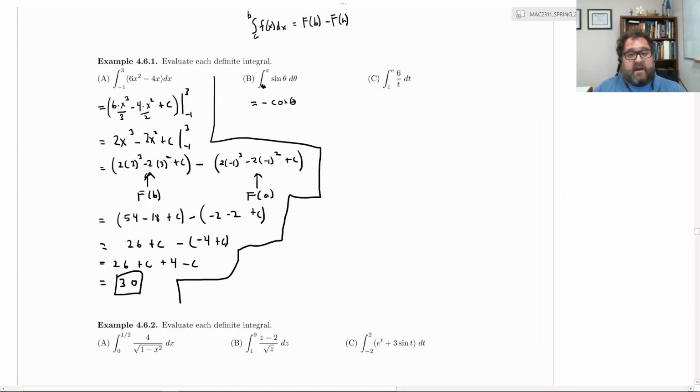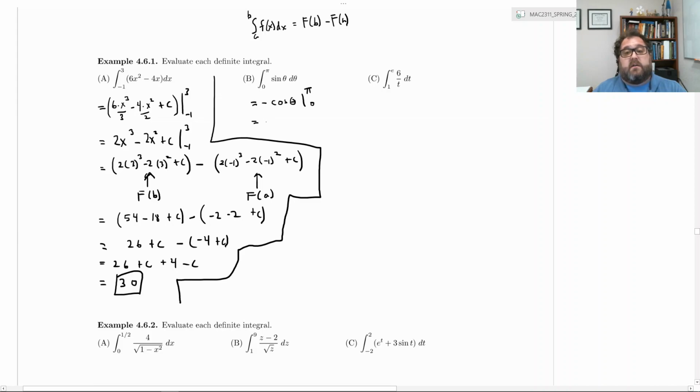If those were taken away, it would be an indefinite integral, and this would be our answer. Okay, but we need to be intentional. It's always very important to be intentional with our mathematical notation, and we use this 0 and pi to say we're about to evaluate with the second fundamental theorem of calculus.